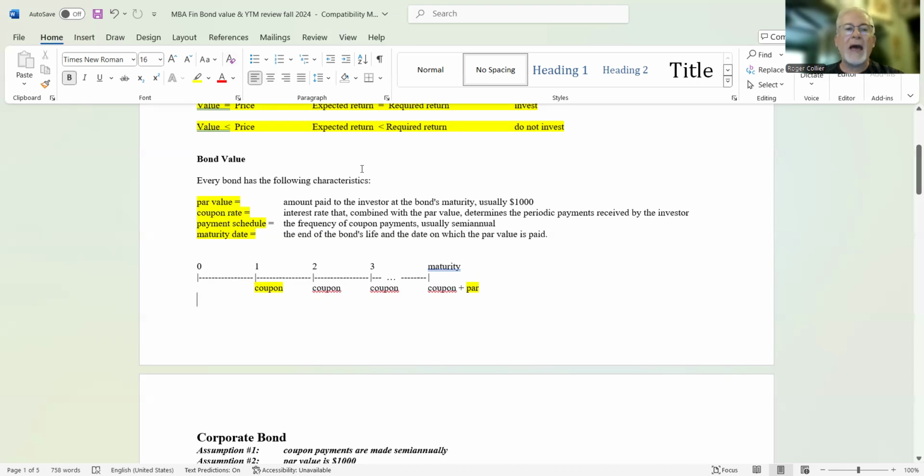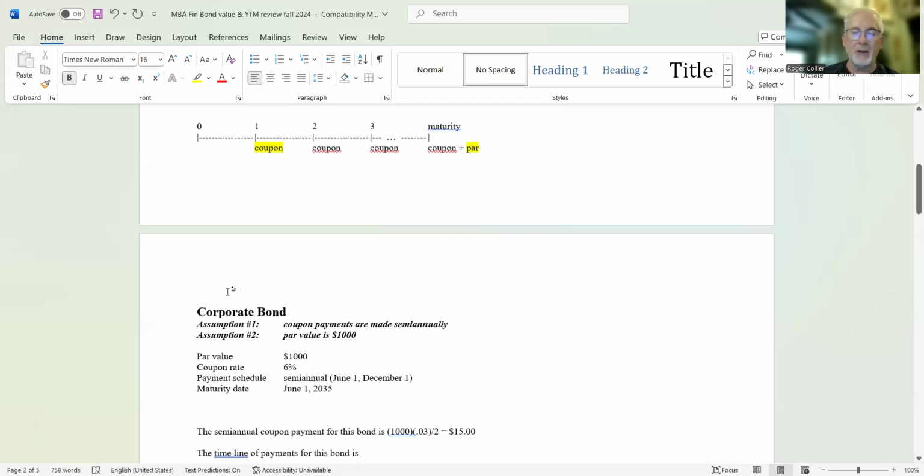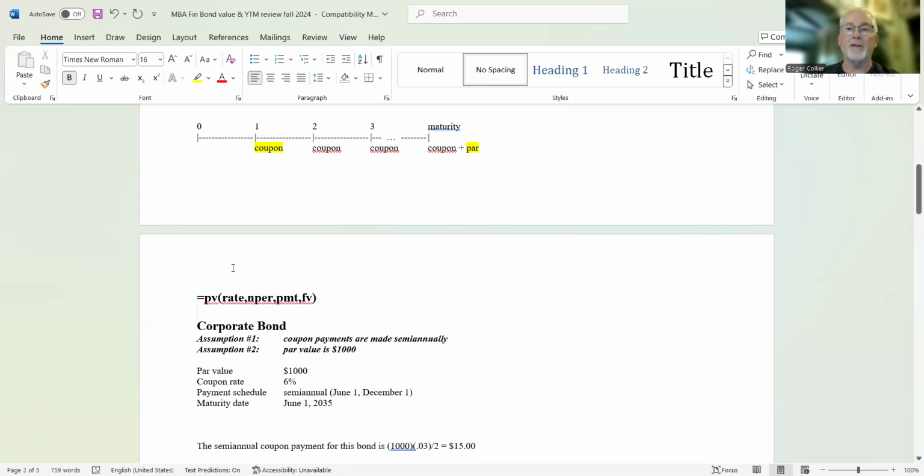And once we know all of that information, then we can let Excel do the calculation for us. The value will be an equal present value calculation in Excel. The first item is the rate, then the number of periods, then the payment, that's the coupon payment, and then the future value, that is the par value at maturity.